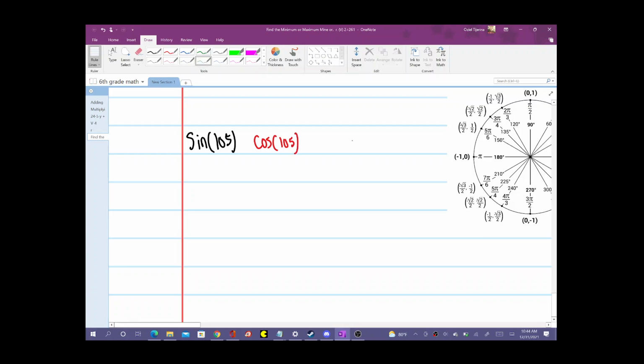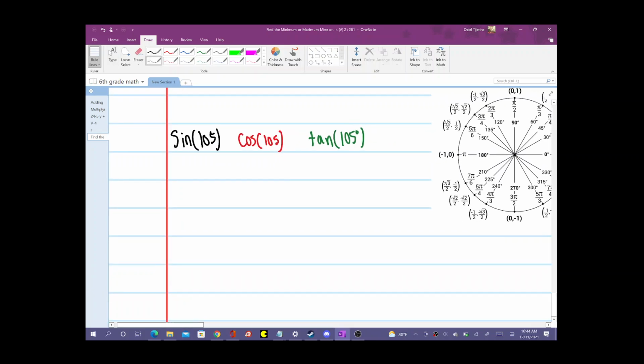Tangent of 105 degrees. And it should be degrees, by the way.